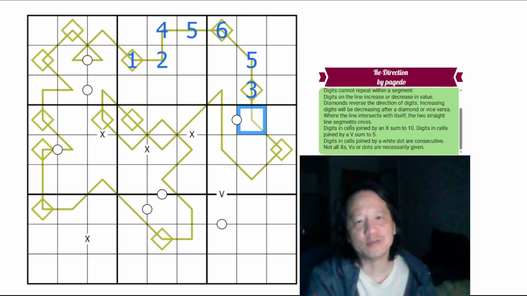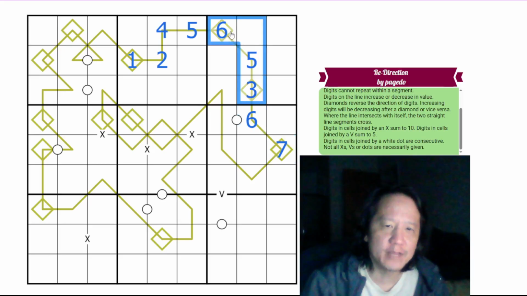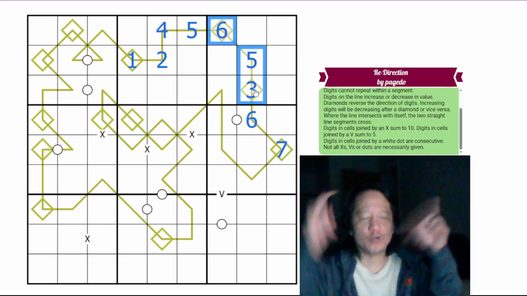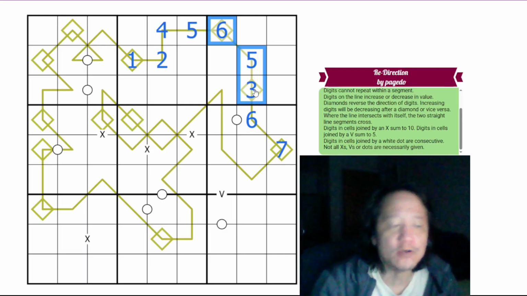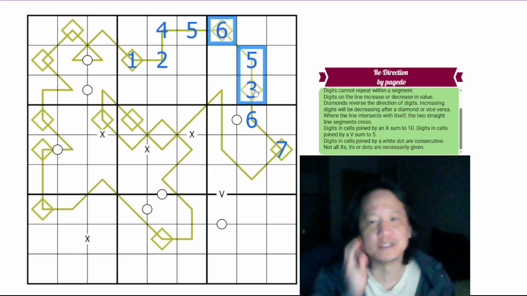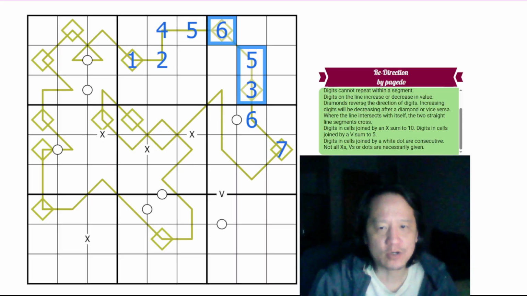So you could have 3, 6, and 7 here, and that would be valid. The diamonds change whether you're increasing or decreasing on the line, and you always have to be increasing or decreasing on the line. So that's how this line with diamonds works.